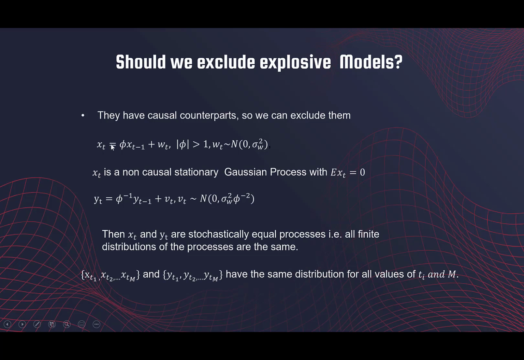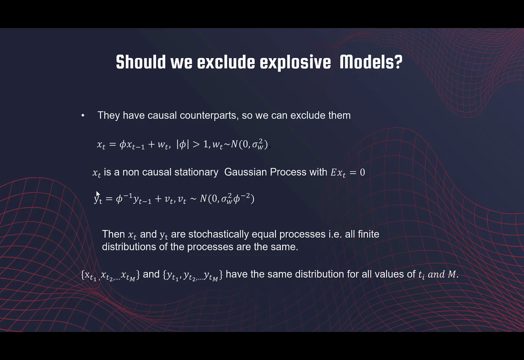So if I take some set of m points from x, and the same time points of y, these sets of variables have the same distribution, regardless of the time points and for any value of m. If I take x at times t1, t2, t3, and y at times t1, t2, t3, these two sets of variables have the same distribution. If I take x at times t1, t2, and y at times t1, t2, these two sets of variables have the same distribution.